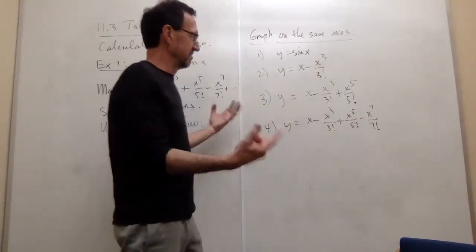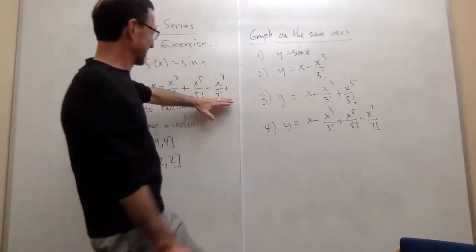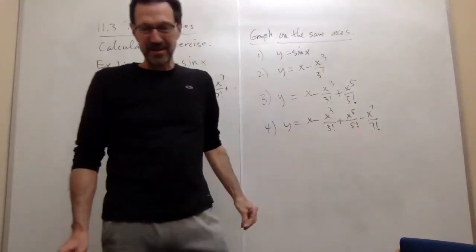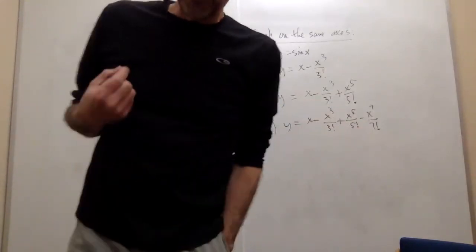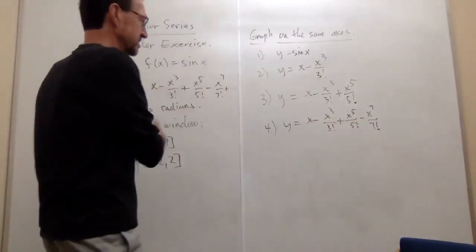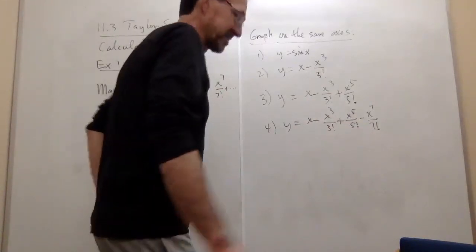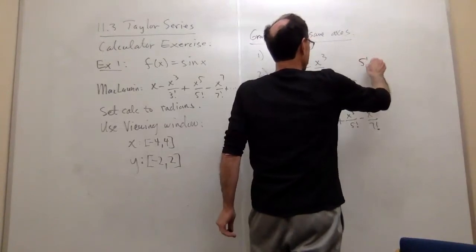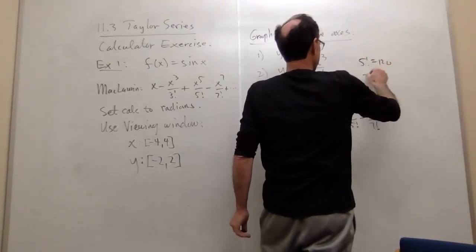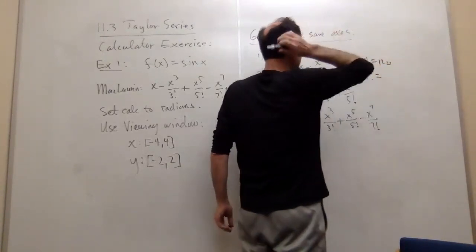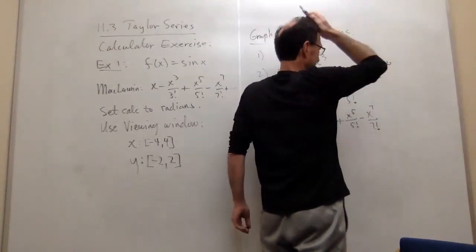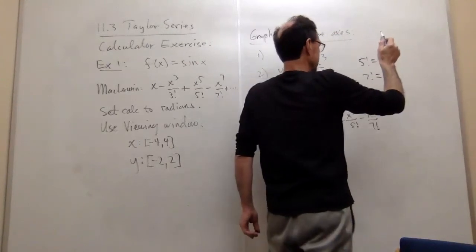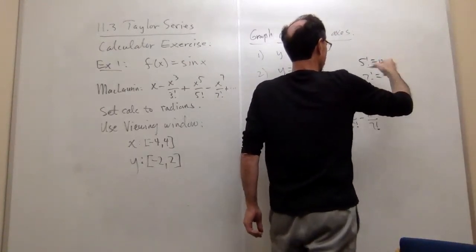And then we can do it again. You can do it forever because there's an infinite number of terms, but we can go back and add this next term in. You can find factorial on the probability menu, or you could just calculate it. 5 factorial is 120. You just want to punch the number in for these. 7 factorial, 120 times 6 is 720 times 7 is, I don't know.